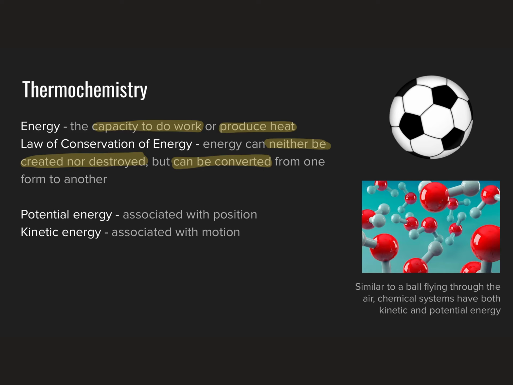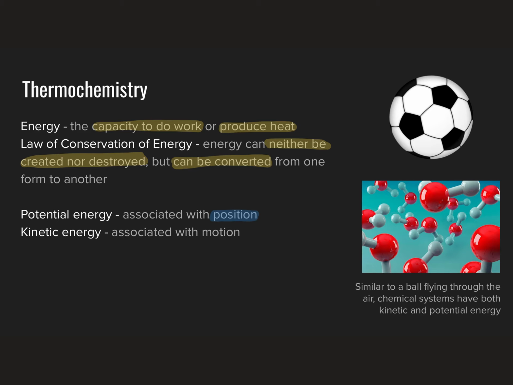So when we talk about potential energy from here on out, I want you to think about potential energy as being energy associated with position of an object. That can be, as we'd mentioned, gravitational potential energy. The higher you put an object up off the ground, the more potential it has to gain kinetic energy as it falls. But for chemical systems, you might consider the relative position of ions with respect to one another.